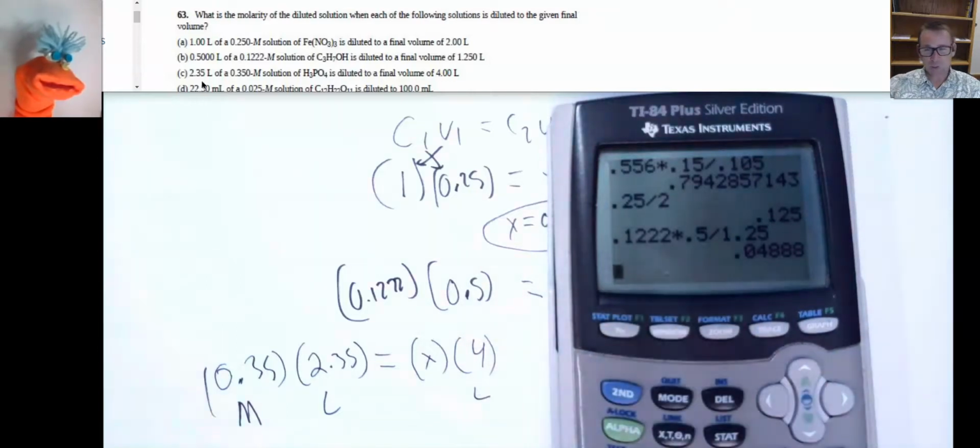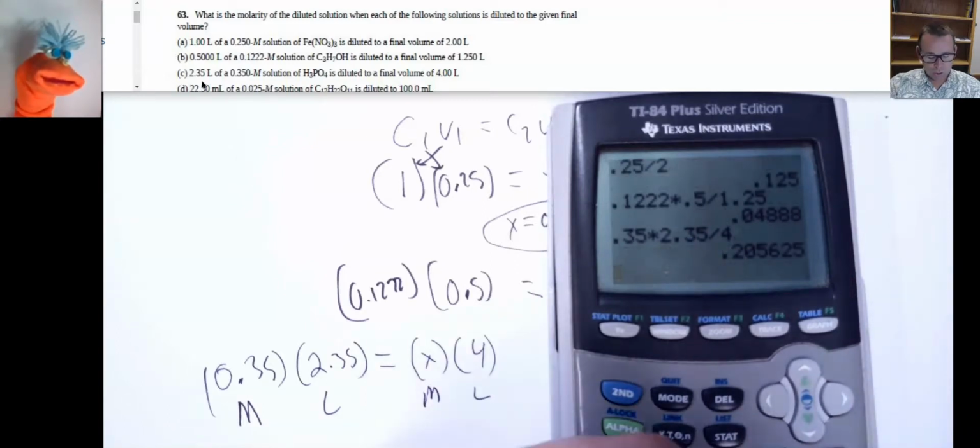Now, if they had said 4,000 milliliters, you can't write 4,000 here. You have to convert it so that the liters are the same here. Because whatever units here, those are the units that you're going to get over there. So 0.35 times 2.35 divided by 4. So 0.206 molar is the final concentration.